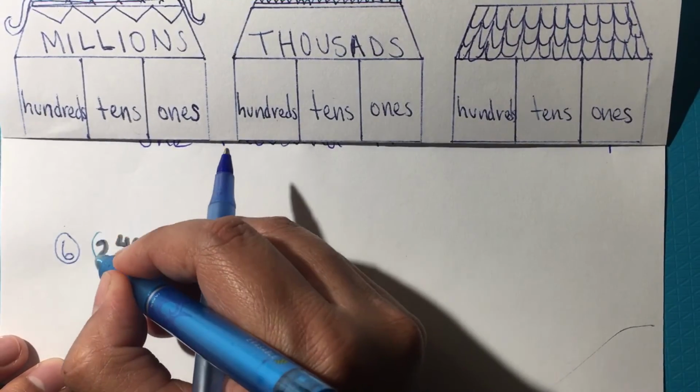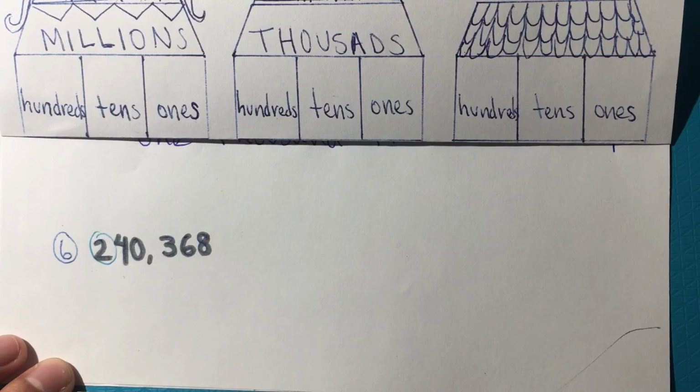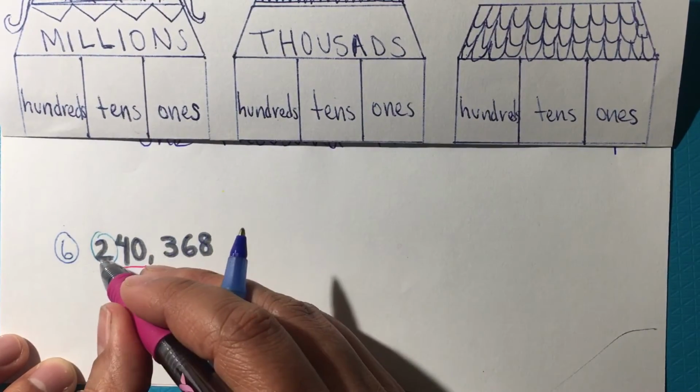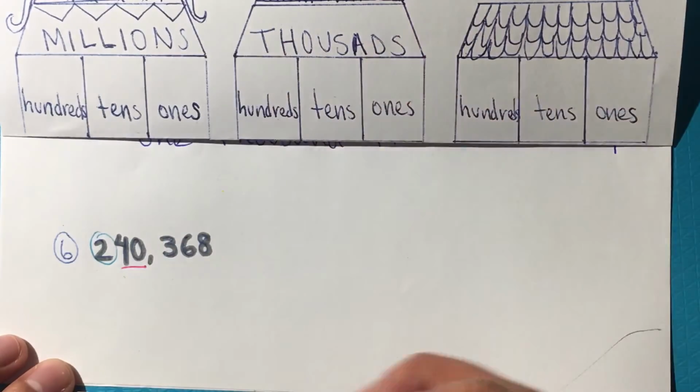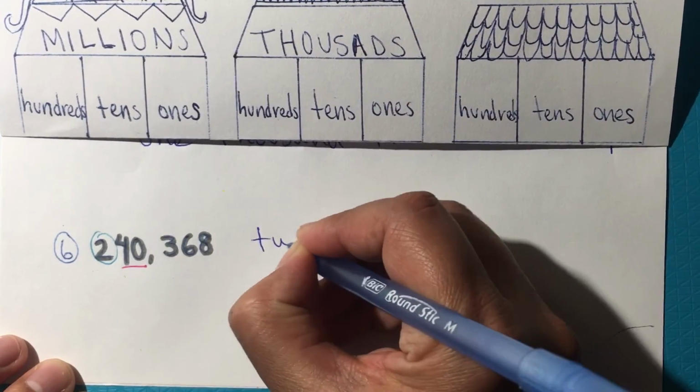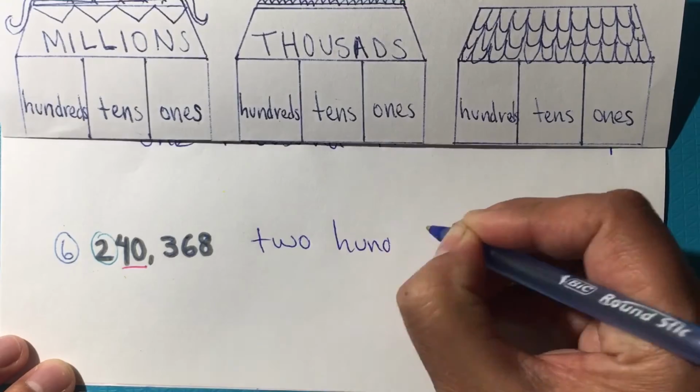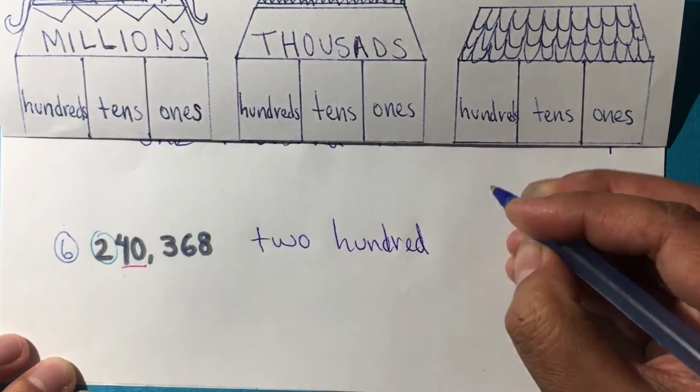Again, 240, right? 240. It's in the group of 1,000. So 240.